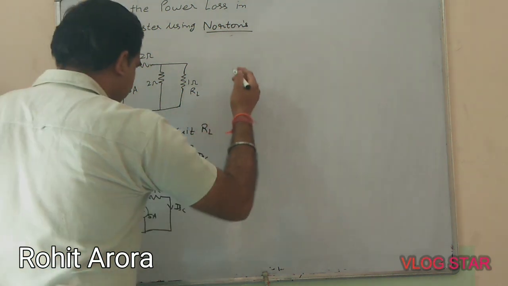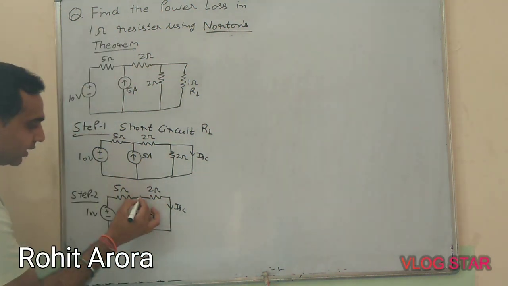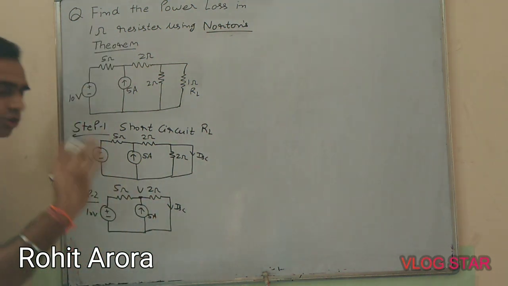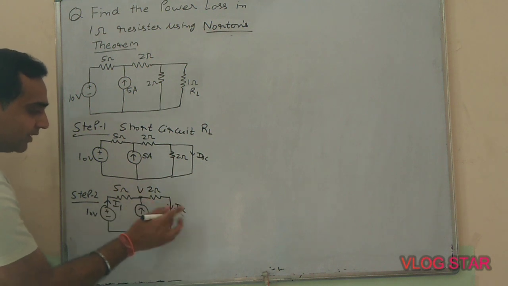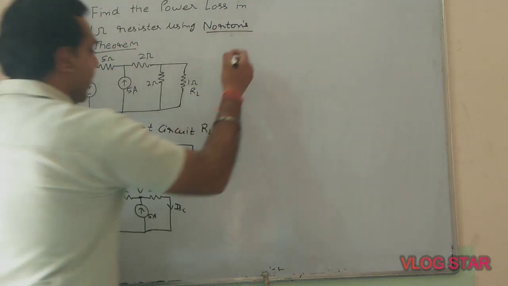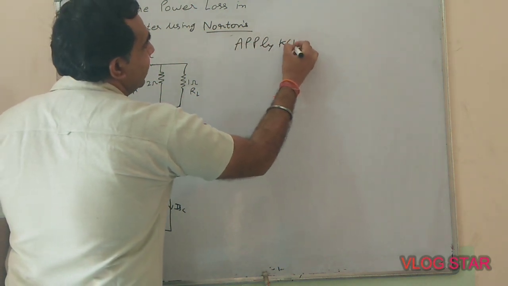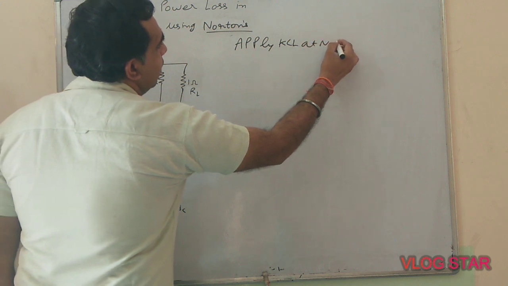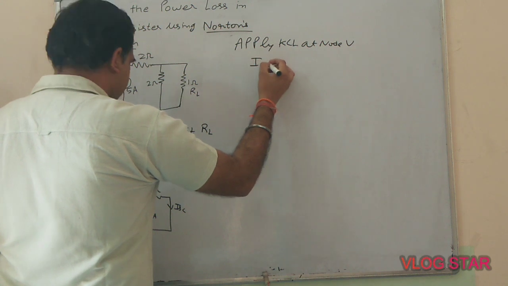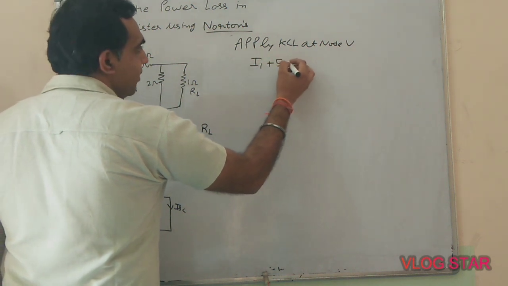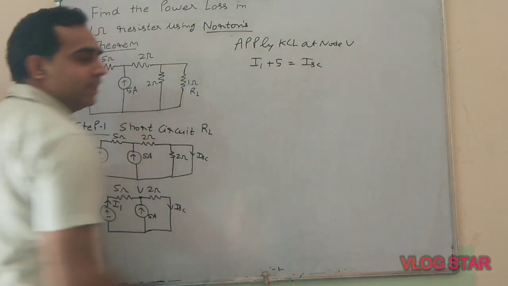Now find the ISC. How to find this ISC? It's a voltage node V, and this one is I1, and this one is 5 ampere current, and this one is ISC. What I do is apply KCL at node B. It means I1 current plus 5 ampere current, these two are incoming and outgoing is ISC.